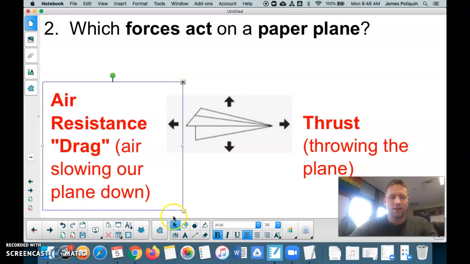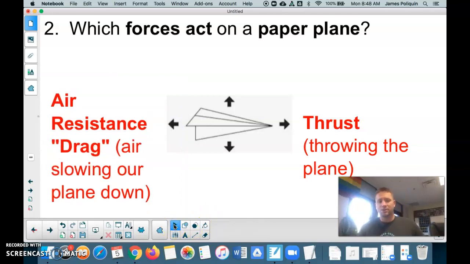It's kind of like as you move your hand back and forth very fast, you can actually feel wind. That wind is constantly batting up against your plane, and it just makes it go slower. Thrust makes it go forward. Air resistance or drag makes your plane go backwards, or in most cases, it makes us go slower.